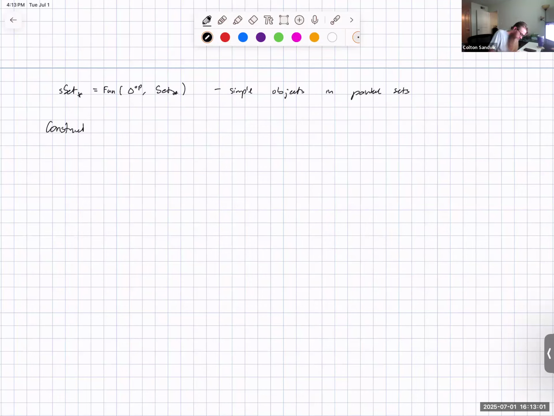So you can do things. Let's take two pointed simplicial sets. You can do things like taking a wedge, which is just the union over this point, using this notation I introduced before.